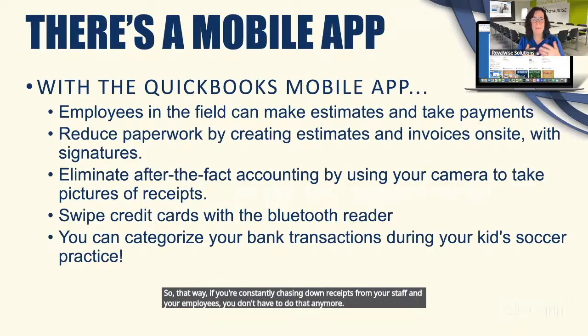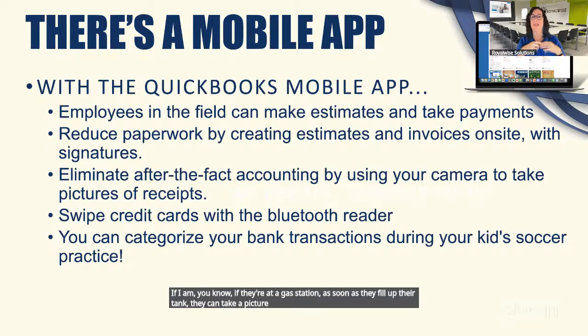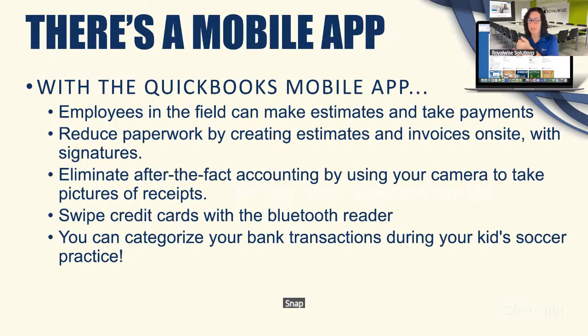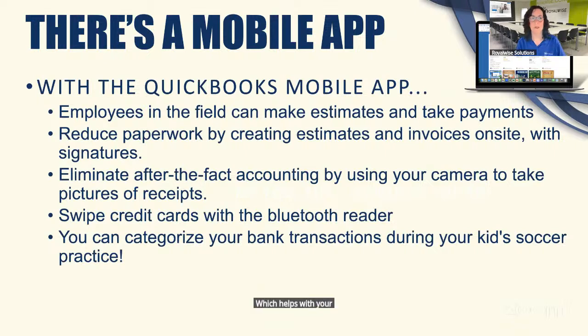If they're at a gas station, as soon as they fill up their tank, they can take a picture of the receipt and it's in QuickBooks automatically right there for you. So you just teach people, get the receipt, snap the receipt, and then you don't have to chase receipts anymore, which helps with your reimbursements and employee management.